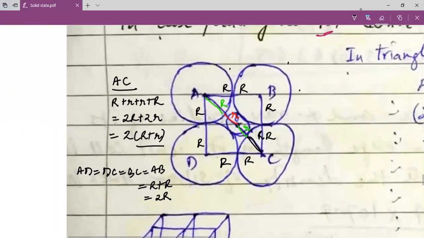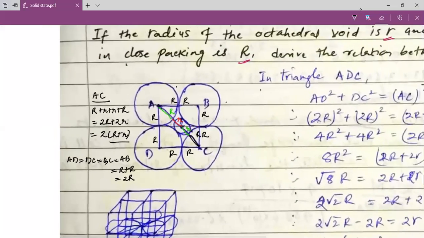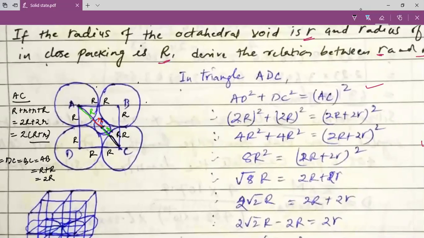So now, my dear students, you can understand this. If you think of a triangle ADC, this is the triangle ADC we are talking about. Now I'm going to draw this triangle ADC for you here.